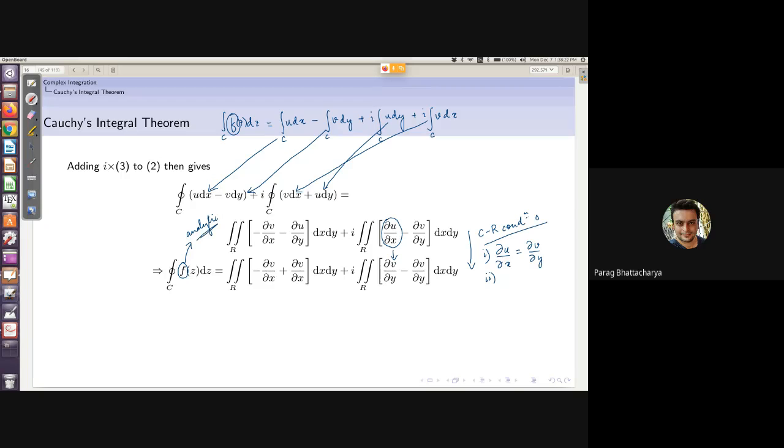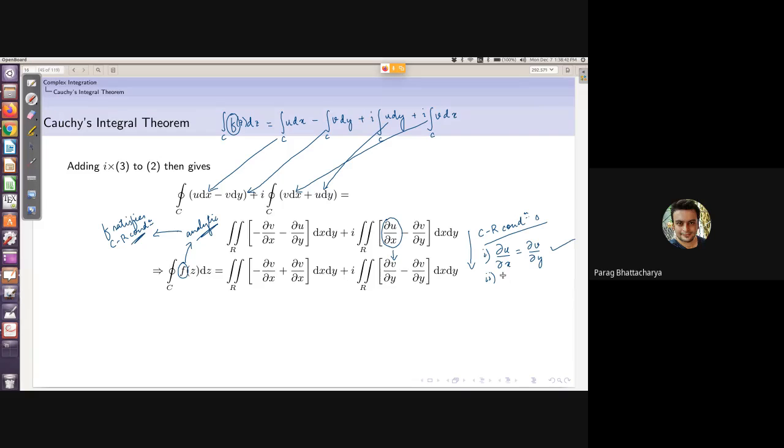We assume that f is analytic. Any analytic function will satisfy the CR conditions, so if f is analytic, it will satisfy them, and that means these two will be valid.